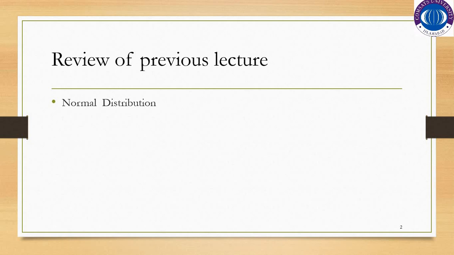Later on we discussed the probability density function of the normal distribution and z-scores, in which we transformed the random variable x into the variable z, and the resulting density function is the standard normal distribution function.